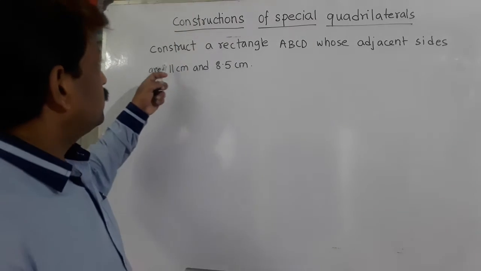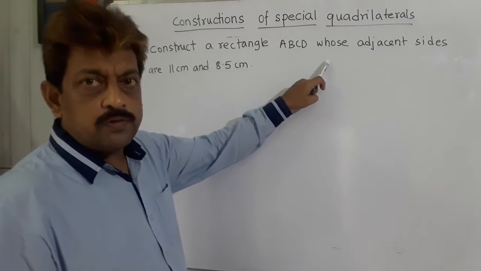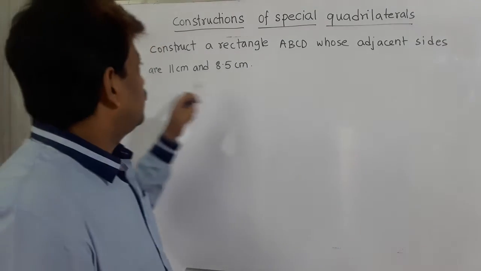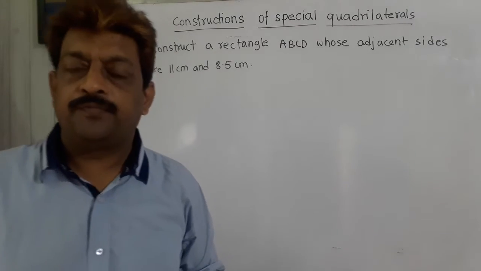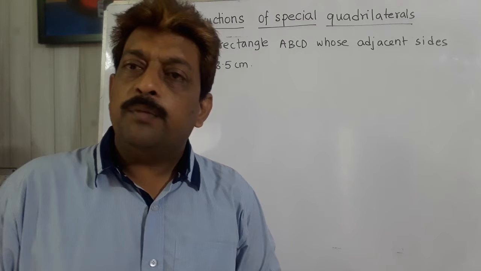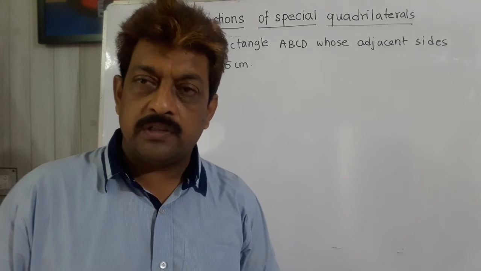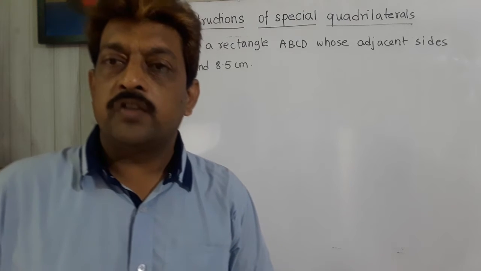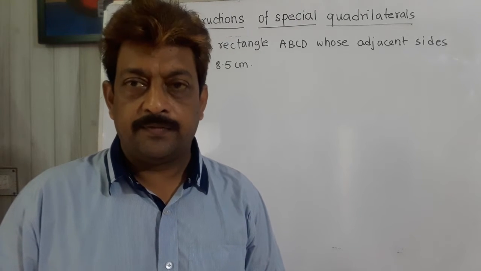So here is the question: construct a rectangle ABCD whose adjacent sides are 11 centimeter and 8.5 centimeter. We know the properties of a rectangle. In a rectangle, the opposite sides are equal, and all the included angles are right angles.